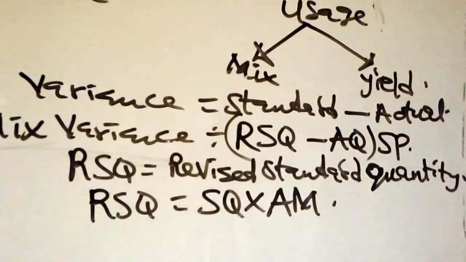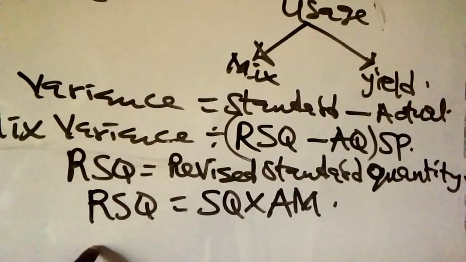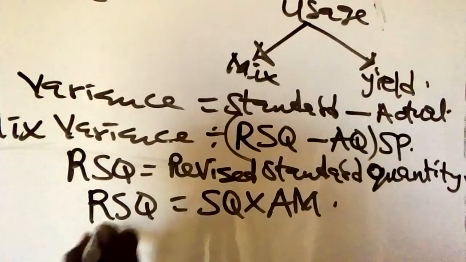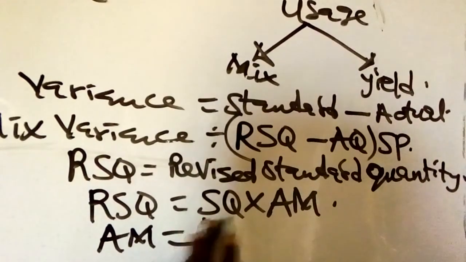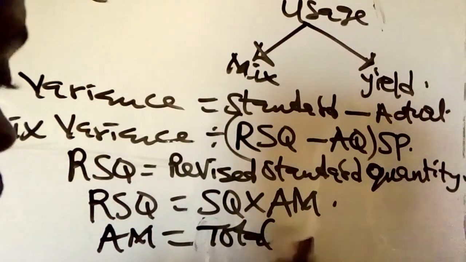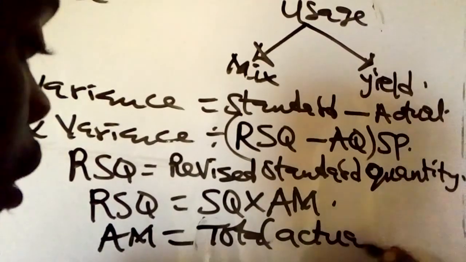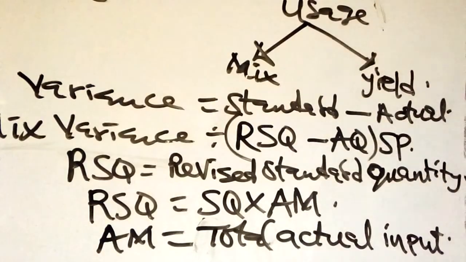The actual mix is the total actual input, that is, the input of raw materials.